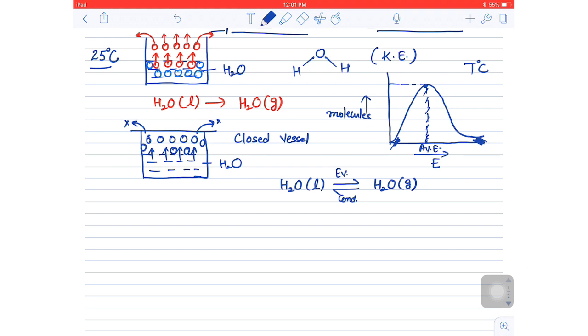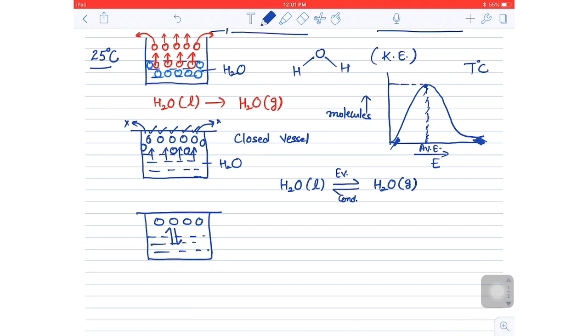When this equilibrium is achieved, there will always be some water molecules available in the gaseous state above the liquid surface. Now they are in equilibrium with this liquid.